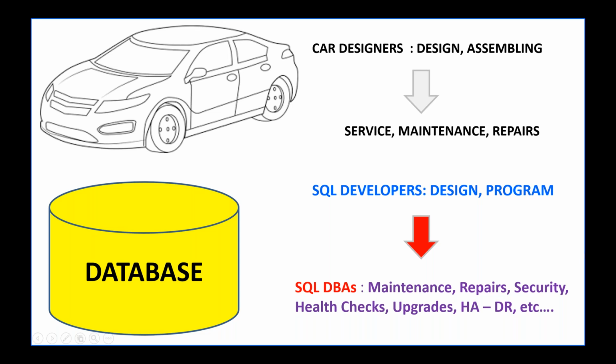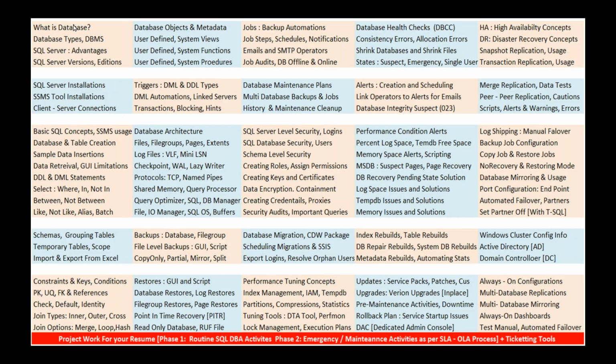Next, to make it more clear and straight, let's understand more about what we do as a DBA. Yes, here it is. As a database administrator, we are going to start from database concepts. Basic activities to start with. Tomorrow, first 15-20 minutes.